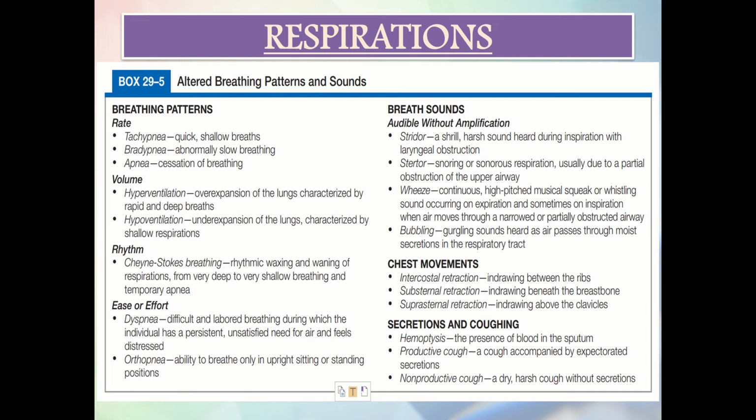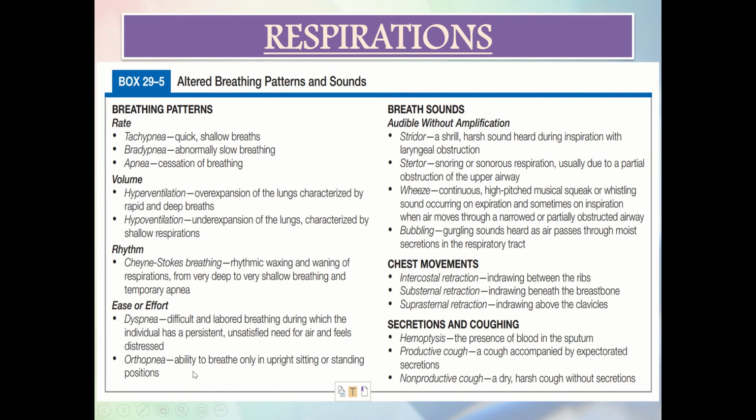For the rhythm, we will see Cheyne-Stokes breathing on the next slide. For the ease or effort, dyspnea is difficult and labored breathing. So if your patient is experiencing dyspnea, or is dyspneic, it means they have difficulty breathing. Orthopnea is the ability to breathe only in an upright, sitting, or standing position.